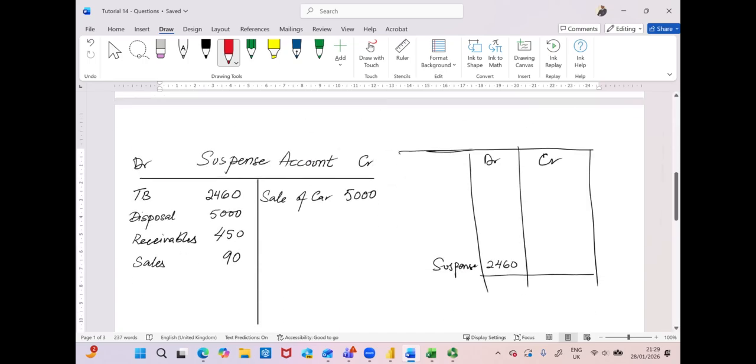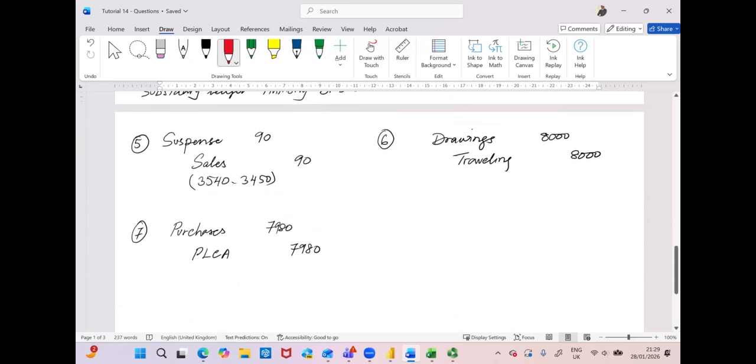So let's record it. Number 8. Interest received account will be debited by £1,500.